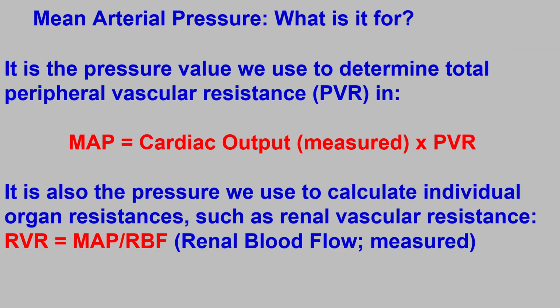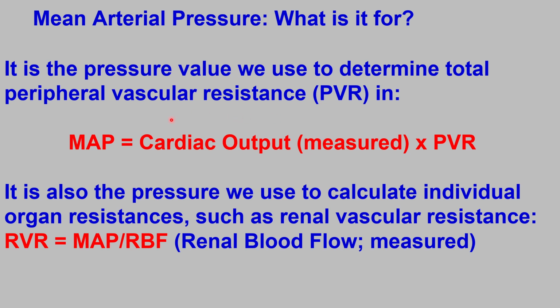Now, what is the importance of mean arterial pressure and why do we use it? We use it as a single blood pressure value that allows us to calculate resistances, which include the total peripheral vascular resistance as well as vascular resistance in specific organs. Now recall that mean arterial pressure, or pressure in general, is the product of cardiac output multiplied by peripheral vascular resistance.